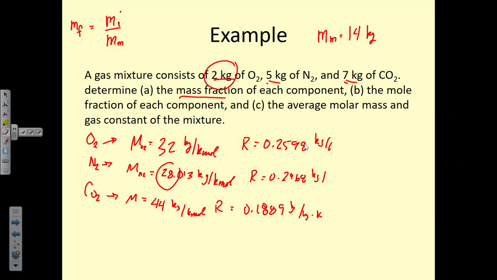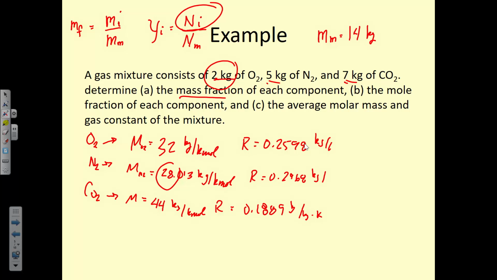So now we need to find the mole fraction. What is the mole fraction? Individual mole of the total. Okay, so Y sub i is equal to the number of moles of the individual over the number of moles of the mixture. Do we know the number of moles of individual?